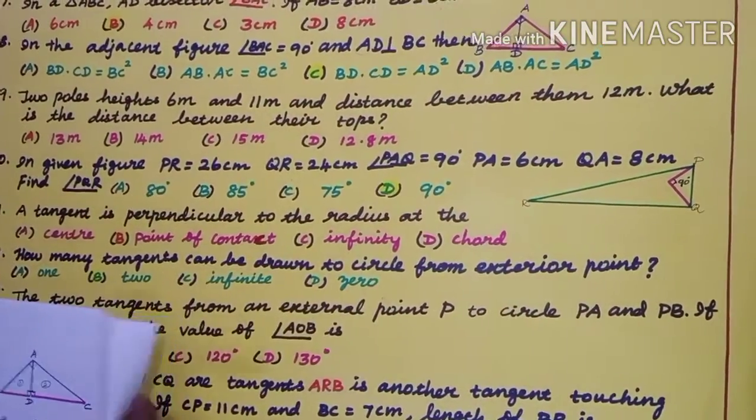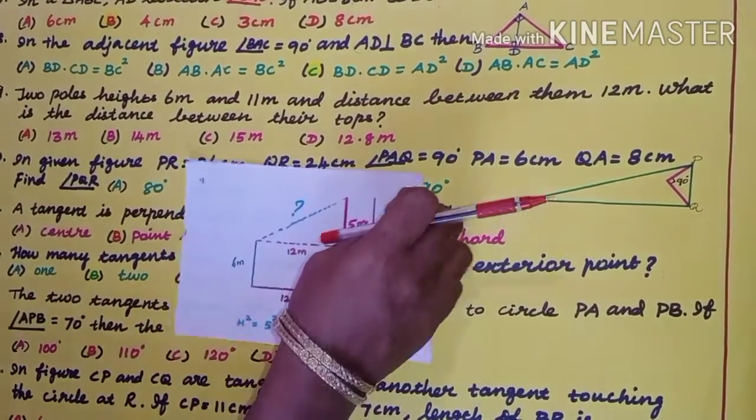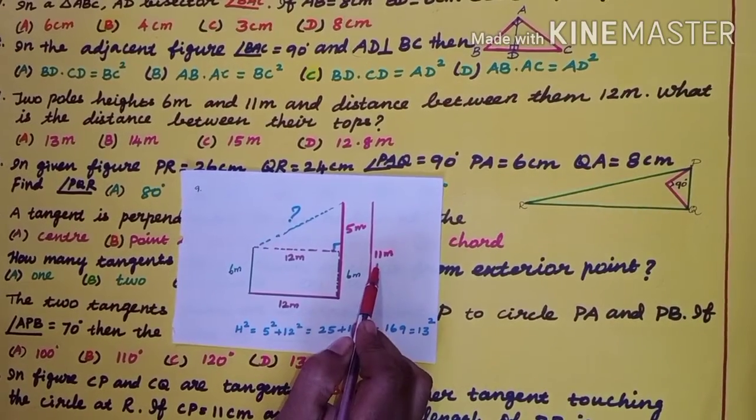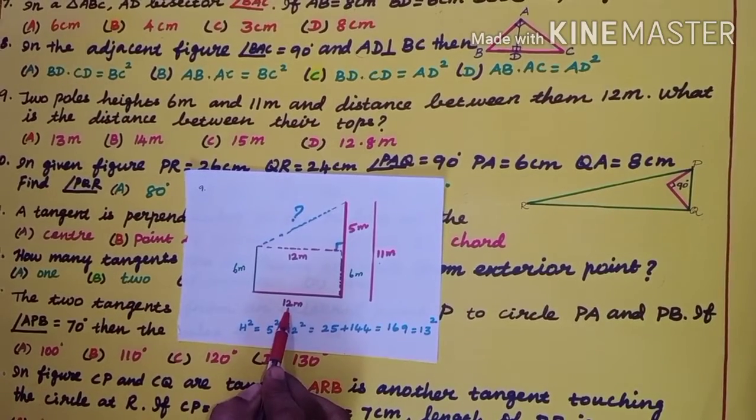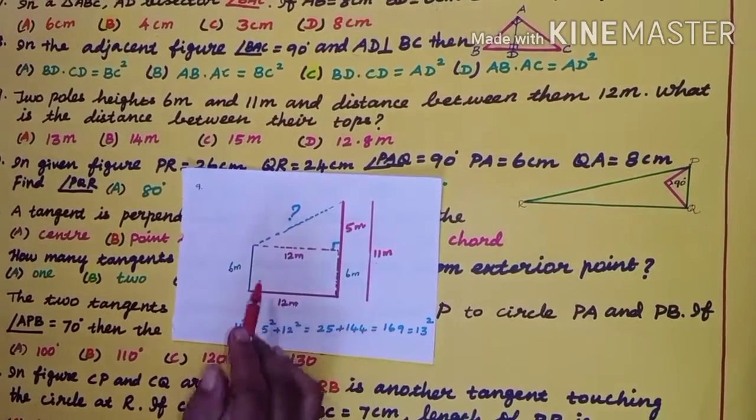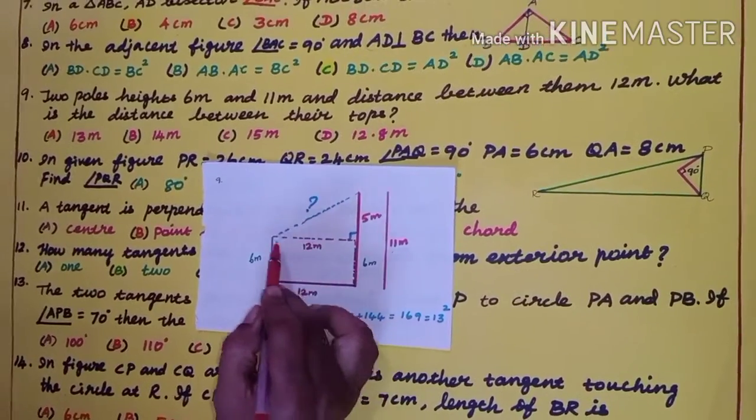And the ninth one: two poles have heights 6 meters and 11 meters, and the distance between them is 12 meters. What is the distance between the tops? We can form a right angle.